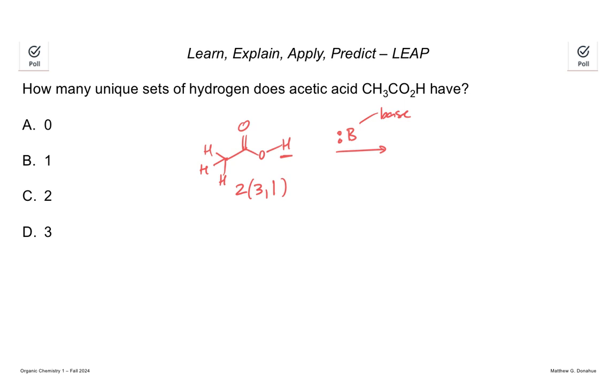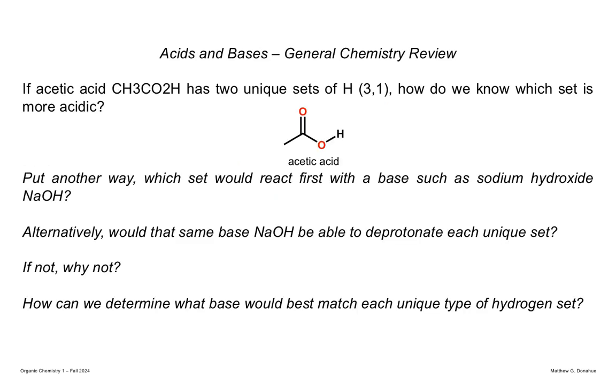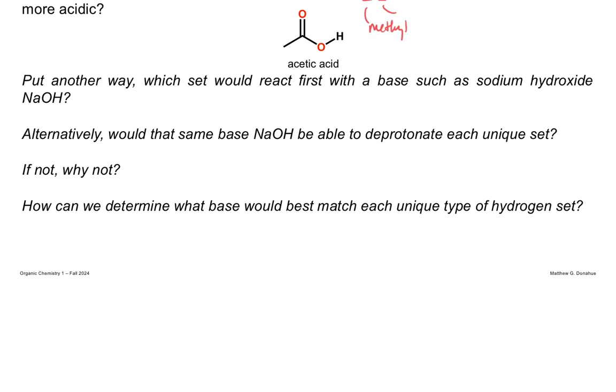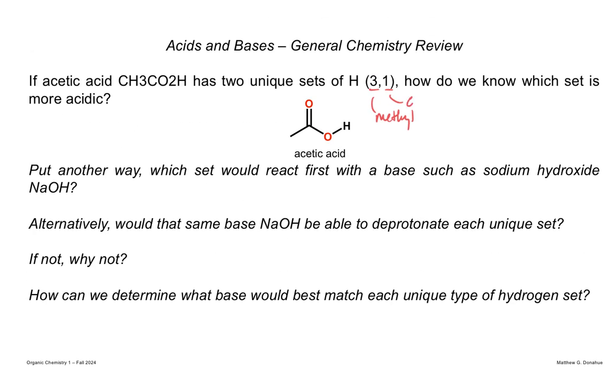And so as we learn the scale of acidity called pKa, we'll learn how to match appropriate bases to the pKa values so that we know a reaction will happen. So there's the 2 unique sets in the ratio of 3:1. So the 3 is from the methyl group. The 1 is from the OH group.